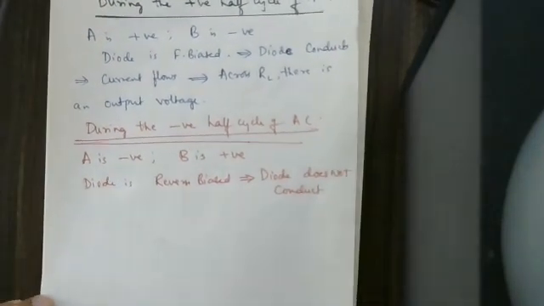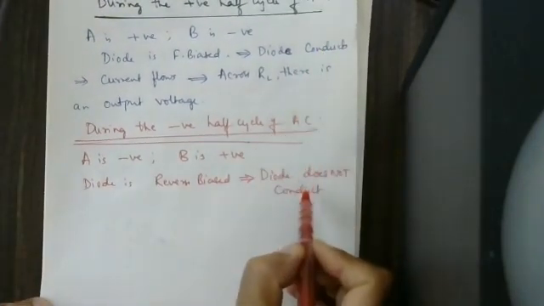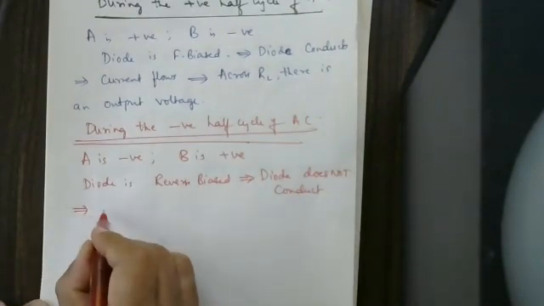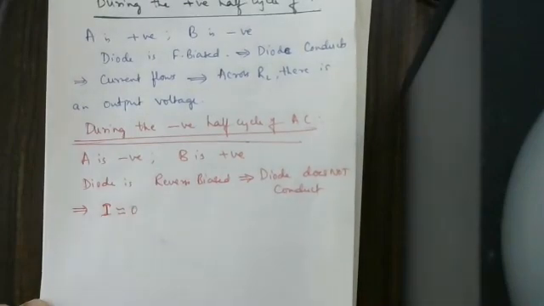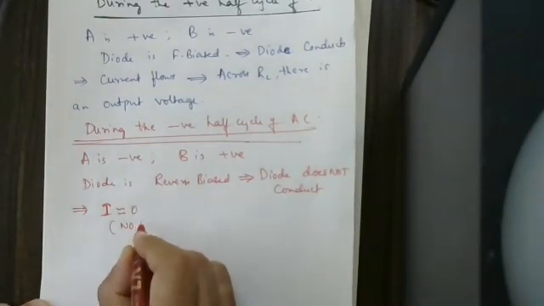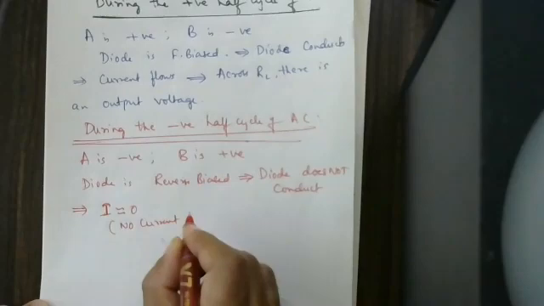As the diode does not conduct, here the current is approximately equal to 0. No current flows.